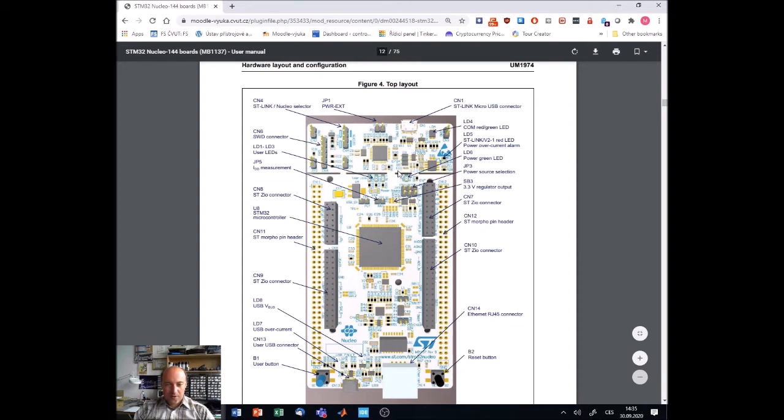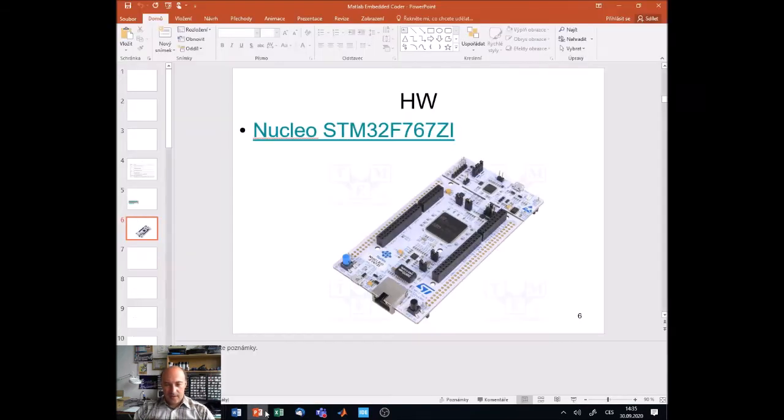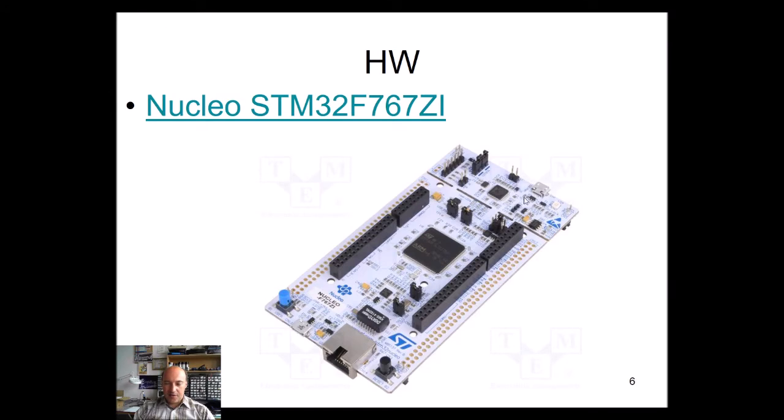In order to work with the board, you will need a micro USB cable. So the real board looks like this, and here is the USB connector that is used for debugging. This is the actual programming chip, and this is the microcontroller that we're working with.